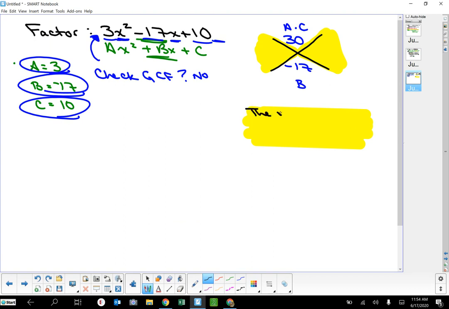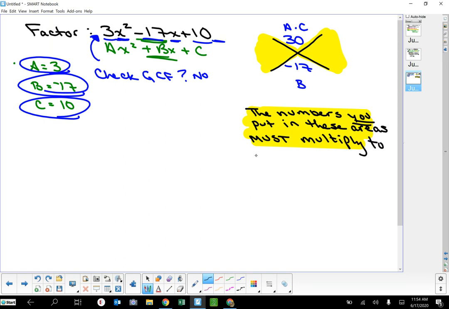The numbers you fill in in these areas must multiply to equal a times c and add to equal b. Okay, I'm going to continue to highlight. That whole thing should be highlighted.